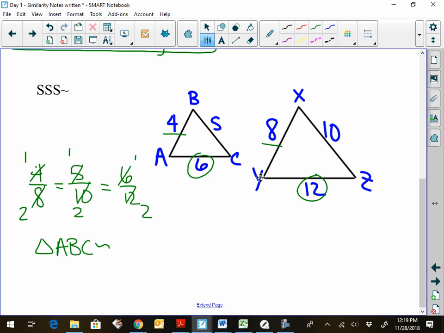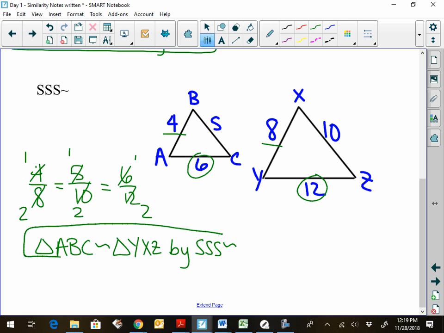So I'm going to start with Y, and then I went through the smaller side. So Y, X, Z. By side, side, side similarity.